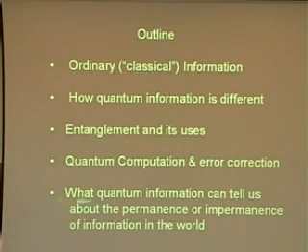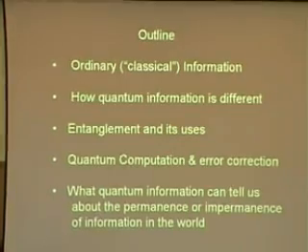And this is of a more philosophical direction: what quantum information can tell us about the impermanence of information in our world. Then I have a few extra topics at the end, if people are interested, trying to explain in a simple way, using things like the two-slit experiment, how the quantum speed-ups work, like the speed-up in Shor's algorithm. We probably may not get time to get to that.